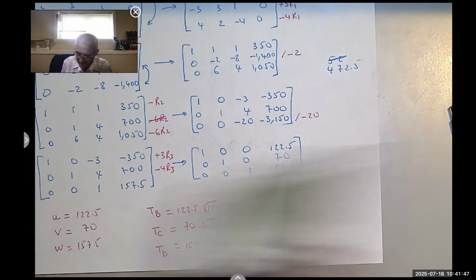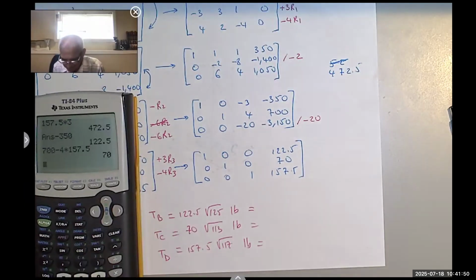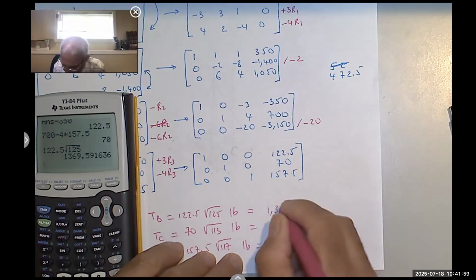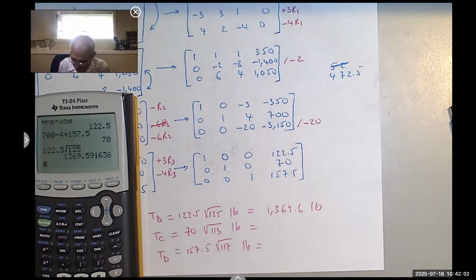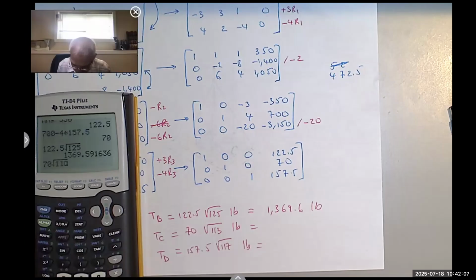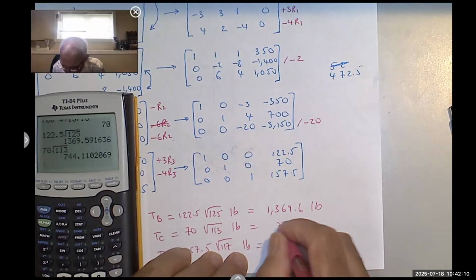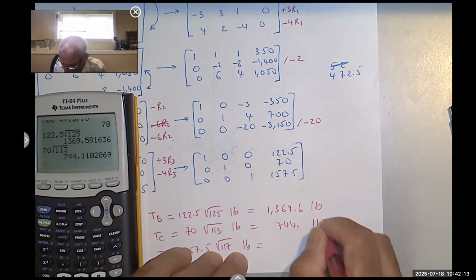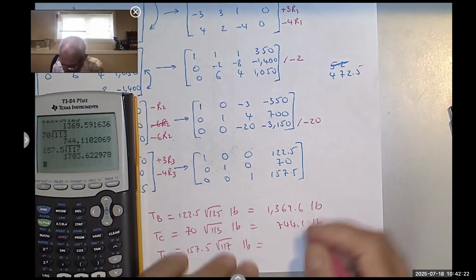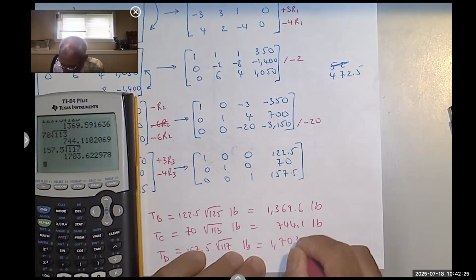And finally, I can use my calculator now and say 122.5 times root 125, 1369.6 pounds. 70 times the square root of 113 is 744.1 pounds. 157.5 square root of 117 is 1703.6 pounds. And I solved the problem.